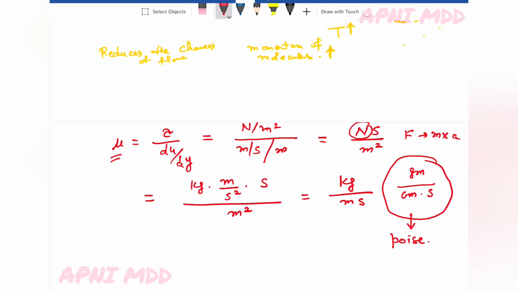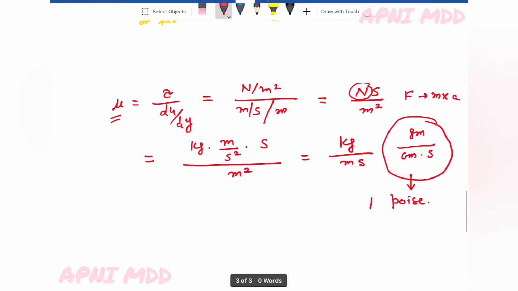So 1 poise equals 1 gram per centimeter per second. Then 1 centipoise is 1/100th part of a poise.